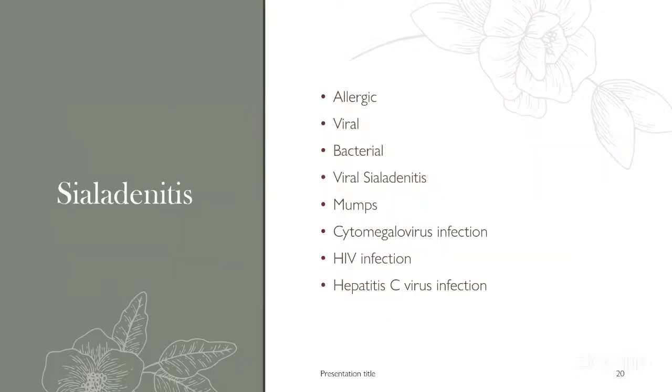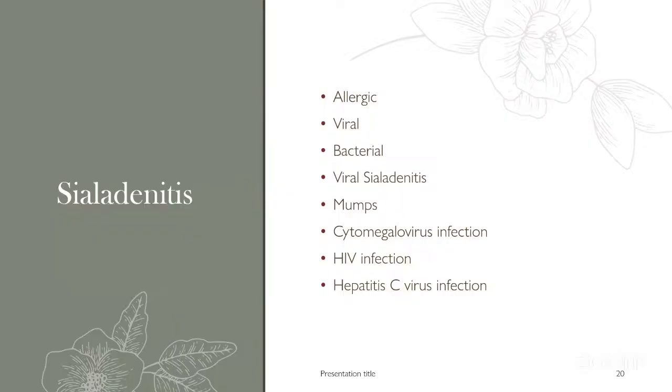Moving on to sialadenitis. Sialadenitis is inflammation of the salivary gland, and the causes include allergic, viral, and bacterial. Allergic sialadenitis is due to some pharmaceutical agents or some drugs which cause enlargement of the salivary gland. And the important feature is that there is itching over the gland.